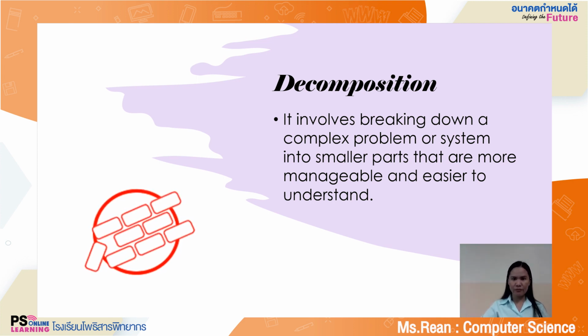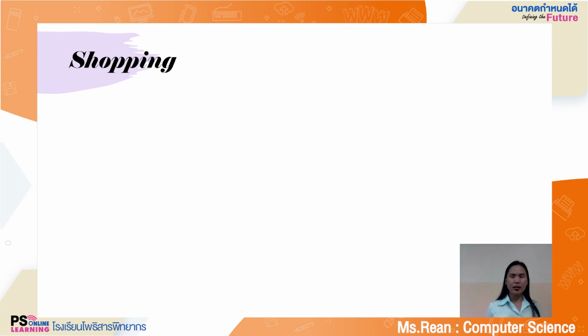Let's have an example. Example, shopping. Example, your mom asks you to buy something. So, how do we break that down? How do we decompose that task? Number one, we have to consider the budget. How much money do you have?